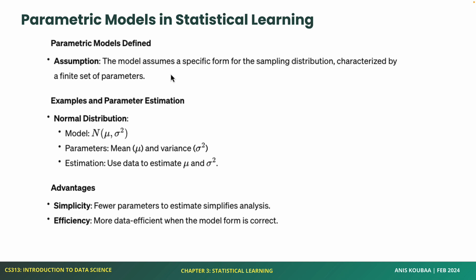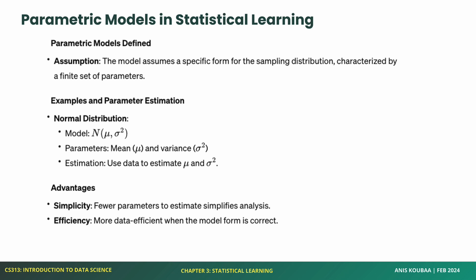Now for parametric, as already mentioned, the model assumes a specific form for the sampling distribution characterized by some parameters, like the linear regression is characterized by two parameters, beta 0 and beta 1. Polynomial regression may be characterized by beta 0 to beta n, depending on how many degrees in the polynomial we have.